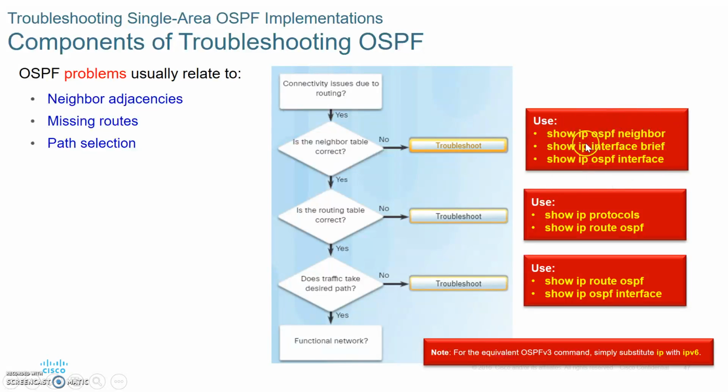If the routing table is not correct or has missing routes, you can do a show ip protocol or show ip route. If the traffic did not take the desired path, you can again use show ip route or show ip ospf interface. If all of them are correct, it means that your network is functioning.